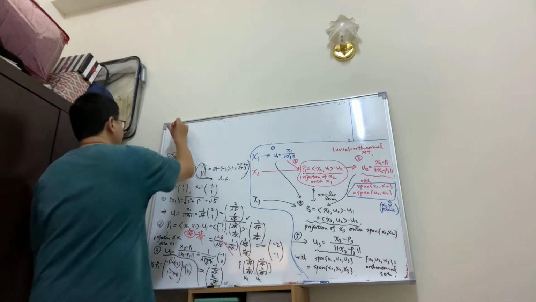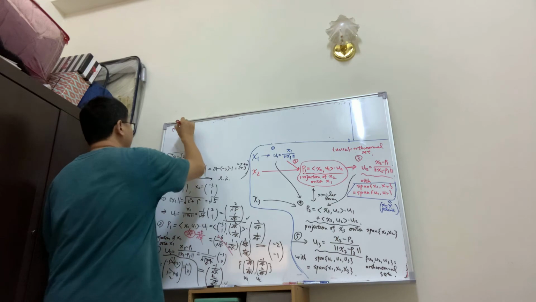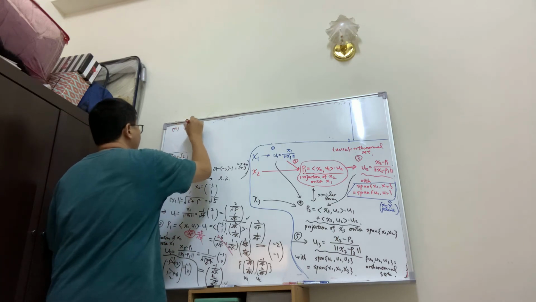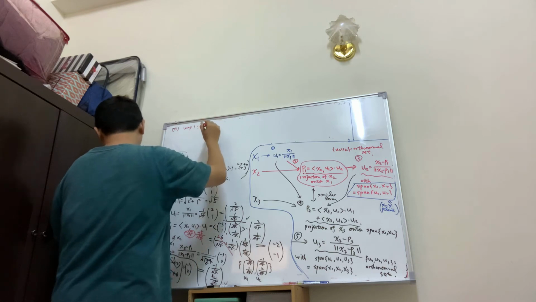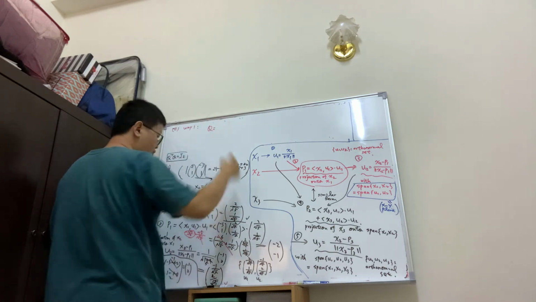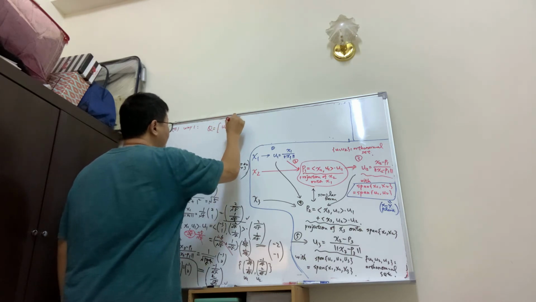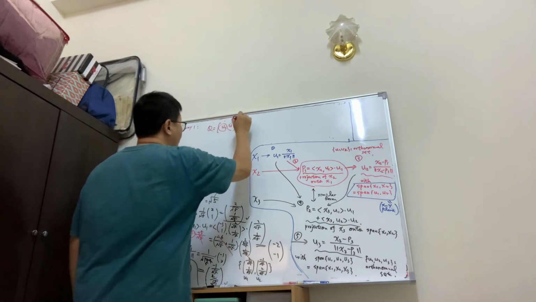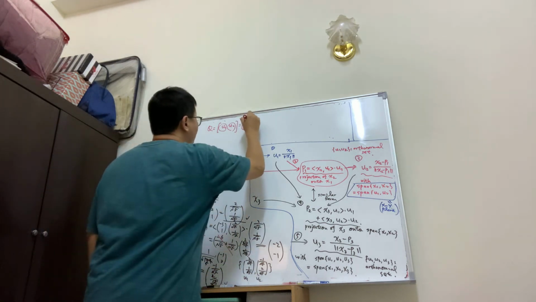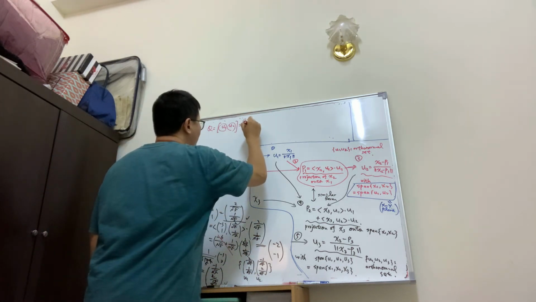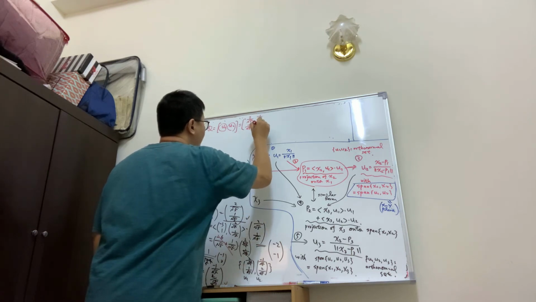For the second question, there are two ways to explain it. First, you could check it directly. Q is the matrix U1, U2. U1 is 2 over square root of 5, 1 over square root of 5, and U2 is negative 1 over square root of 5, 2 over square root of 5.